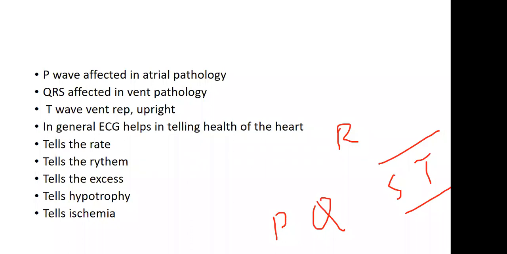Then H is for hypertrophy, enlargement of the muscles of the heart. I is for ischemia. So this is a mnemonic for remembering what the ECG tells us. If somebody asks you what do you know from the ECG, then your answer should be this: rate, rhythm, axis, hypertrophy, and ischemia.